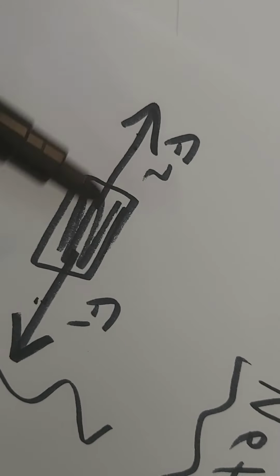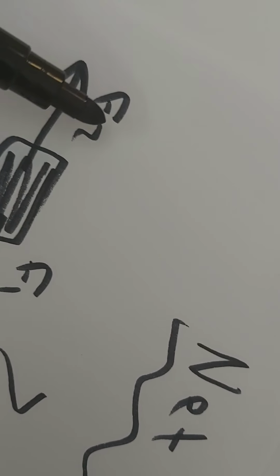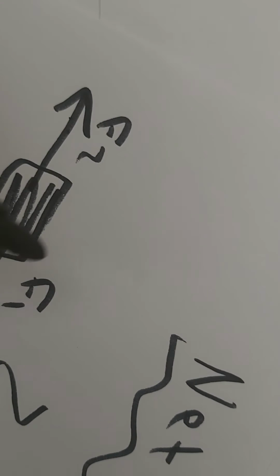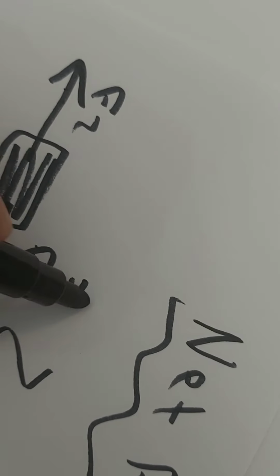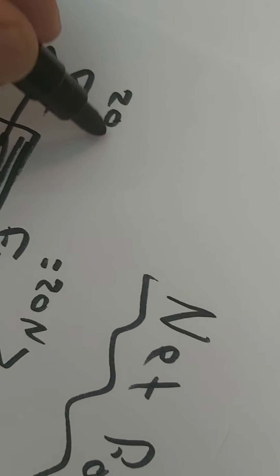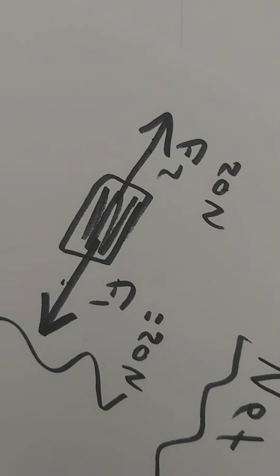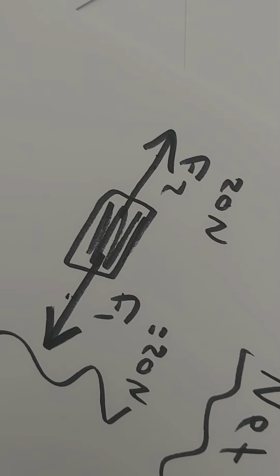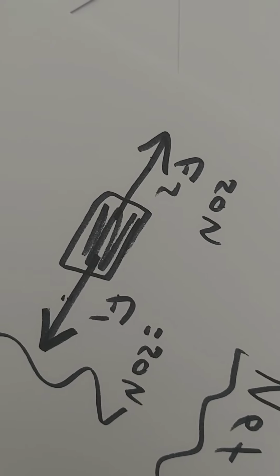The first case: if we have an object and the first force is pulling, and the second one is pulling toward itself, for example F1 and F2. So we have two forces in different directions, and they are equal in magnitude, meaning the value. If, for example, F1 equals 20 Newton and F2 equals 20 Newton, they have the same magnitude and opposite direction.